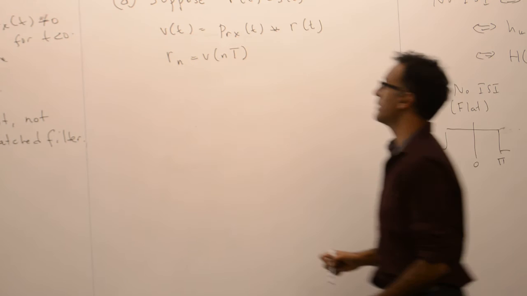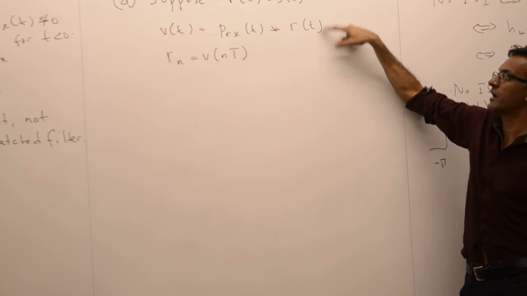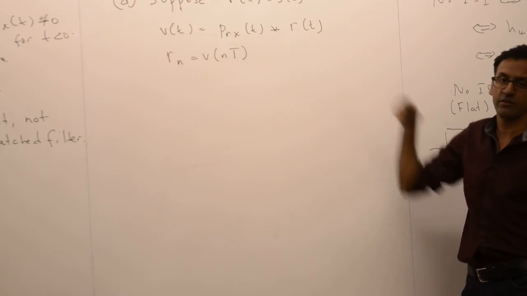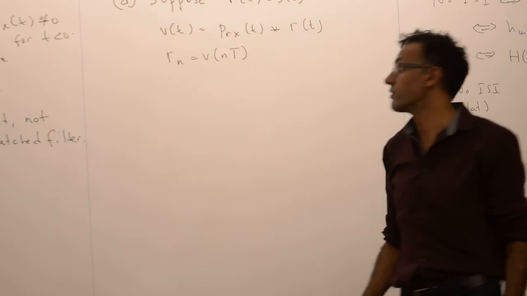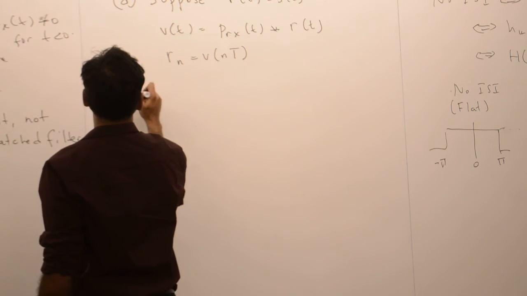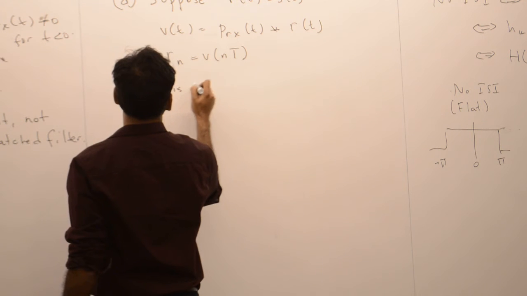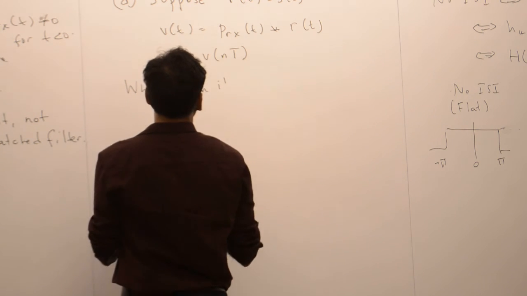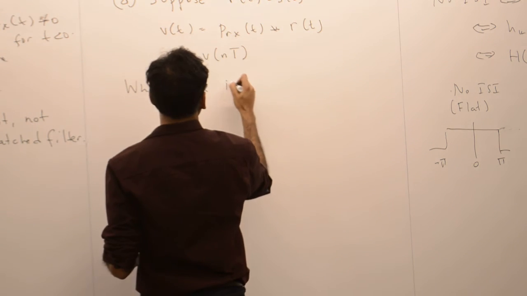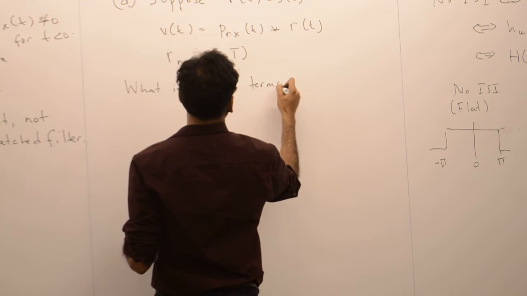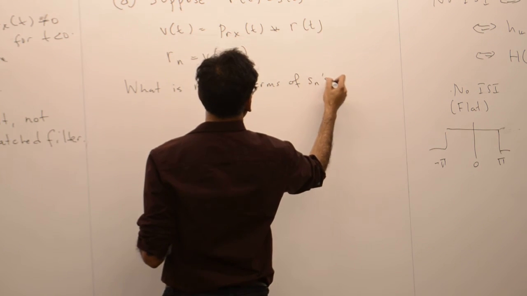So basically, I'm going to have no channel impairments. I run this through the receiver, and then I sample it. What is R of t? What is R of n in terms of S of n?